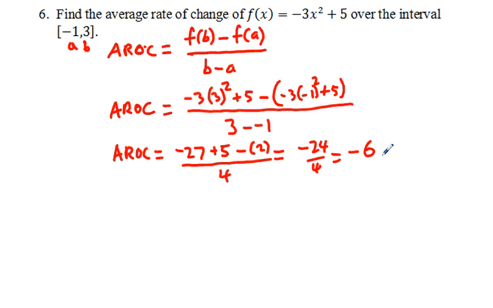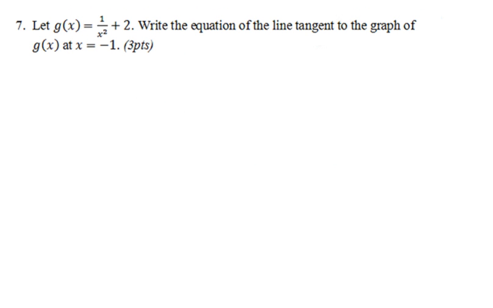So that's going to be our average rate of change over the closed interval from -1 to 3. There we are. Okay, next, problem 7. g of x equals 1 over x squared plus 2. Write the equation of the line tangent to the graph of g of x at x equals -1.